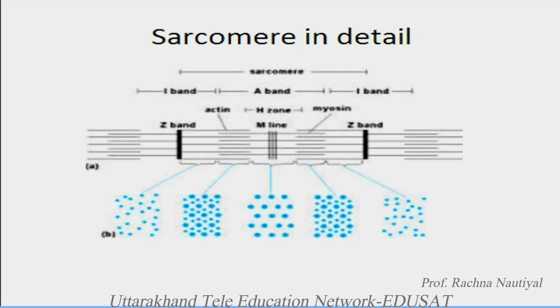You can see the thick part and the thin part, the arrangement of different molecules in different fashions, some sparsely present, some condensed, and of different sizes, smaller and bigger. So this is the molecular dispersal in the sarcomere.